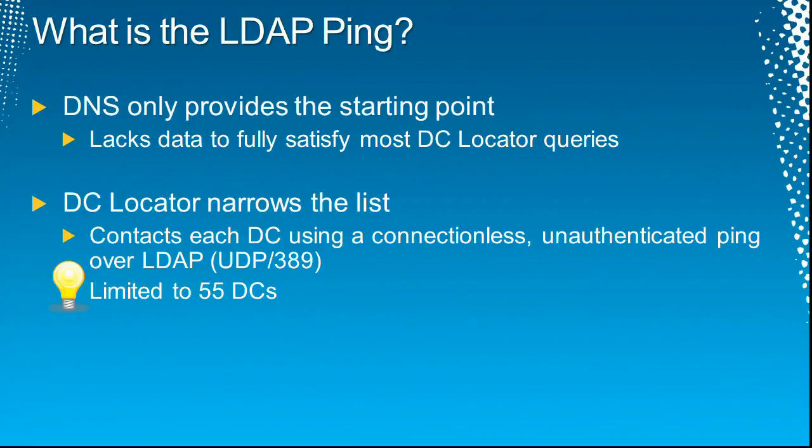Now, the reason why you might or might not need to be aware of this is that if you are in a domain that contains more than 55 DCs, and there are very few domain controllers that meet a specific capability, you run into the risk of not being able to find a suitable domain controller. So let me picture it this way. You are super excited because you have finished rolling out Windows 7 in the client machines and Win2K8R2 in the server machines.